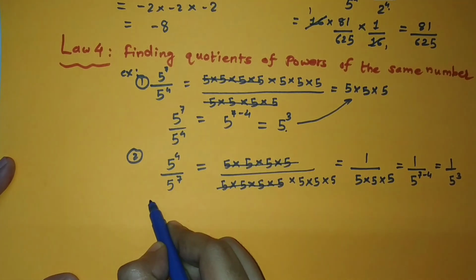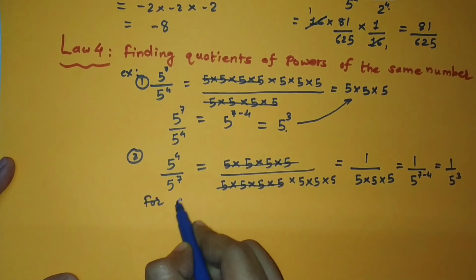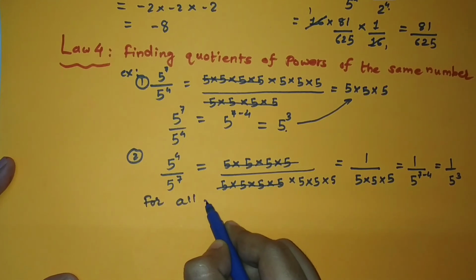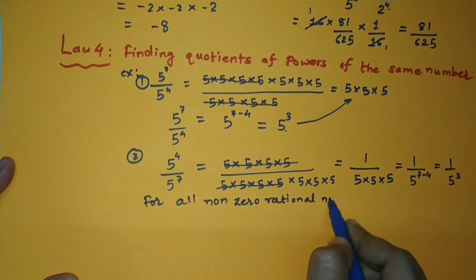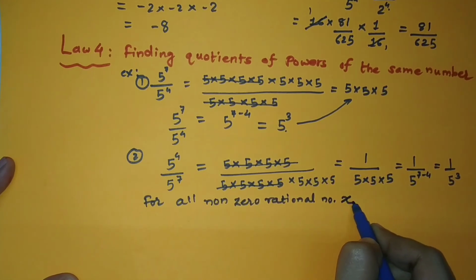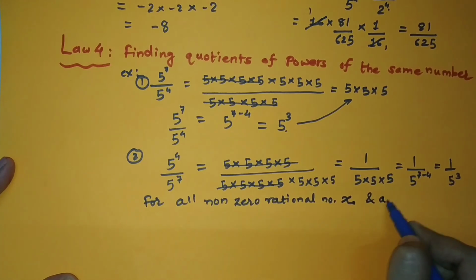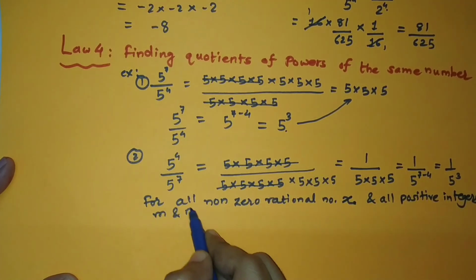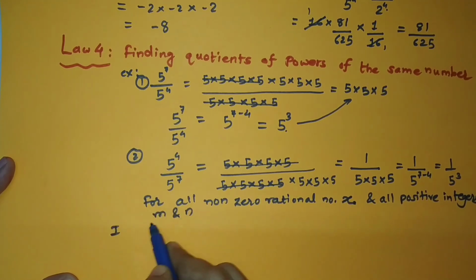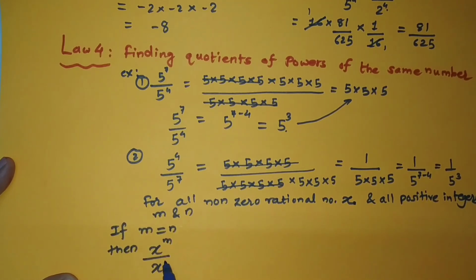In general, for all non-zero rational numbers, say x, and all positive integers m and n, suppose m and n are the powers. If m is equal to n, then x to the power m divided by x to the power n is equal to 1. This is the first case.